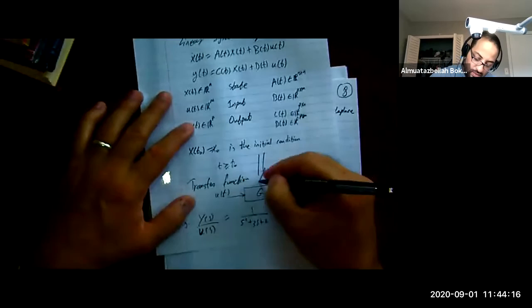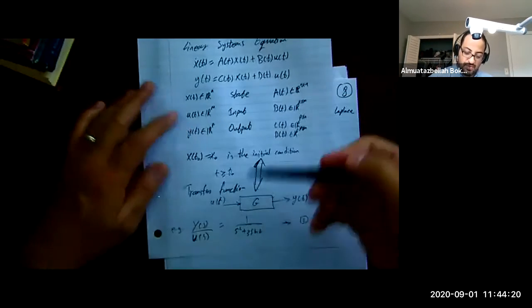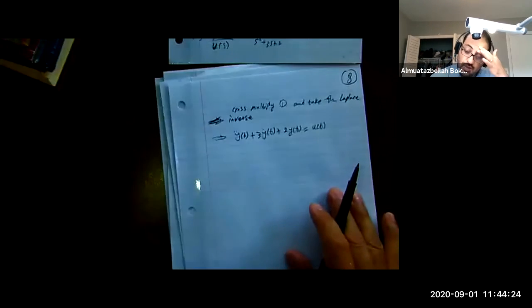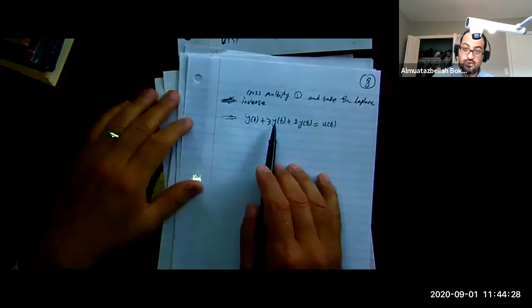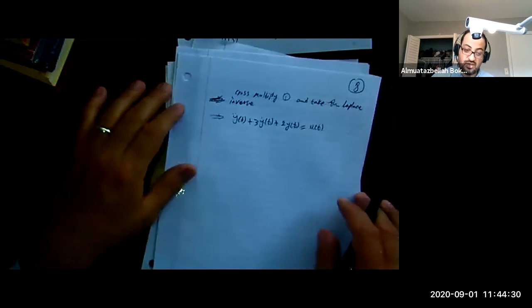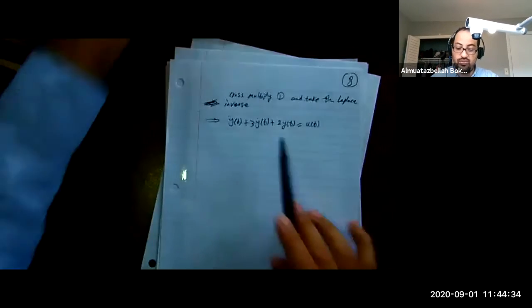Okay, now I want to go from here to here. This is my goal here. Okay, I'm going to go from state space to transfer function. So how can I do that? How can I go now from here to the state space representation of the system? I'm here now.